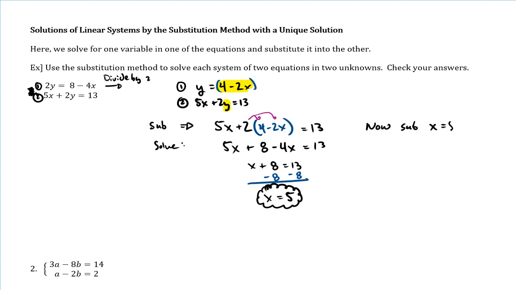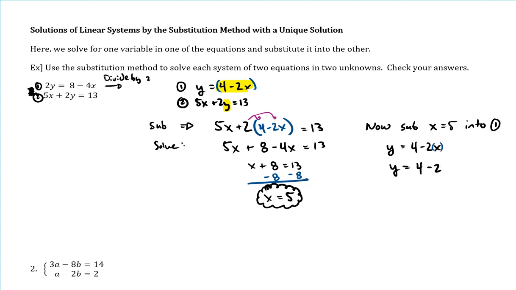Now we sub our x equals 5 into our first equation, where we had y equals 4 minus 2x. If we sub that into our x right here, then I can solve for y and get a regular old number.